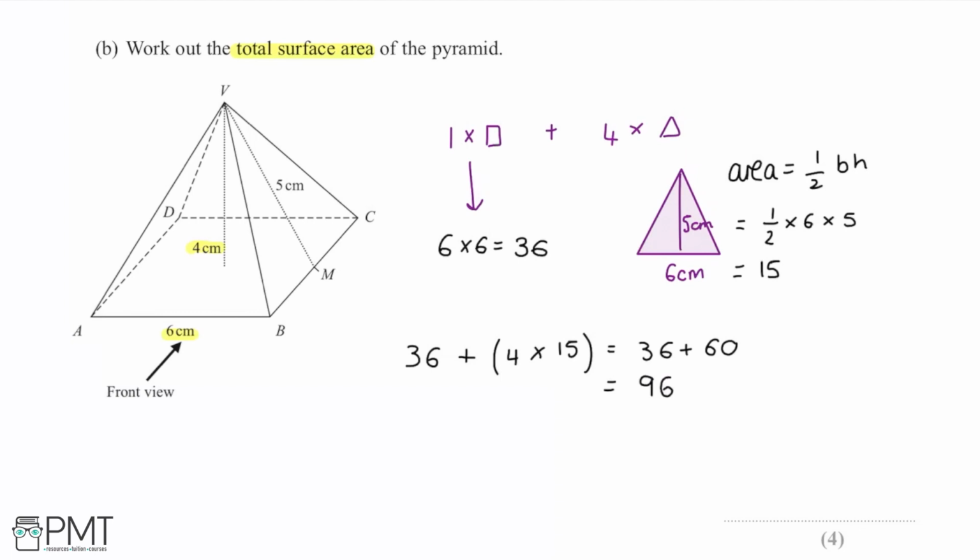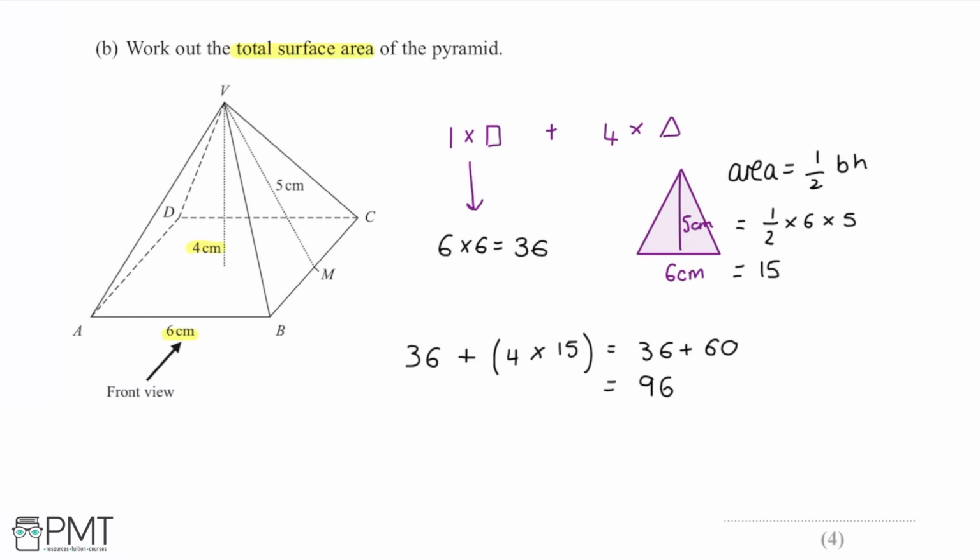Now this question is worth 4 marks here, so it's going to require quite a bit of working out, and as we can see in the question we are given the units for each of the lengths, and there's no units predetermined in this question. So in order to obtain the last mark, we're going to have to work out the units. And we're working with area, so surface area, and that's going to give us a unit of something squared.